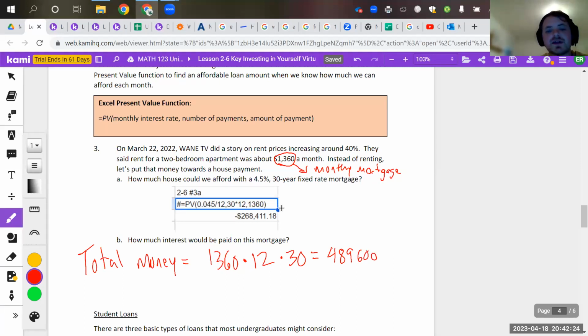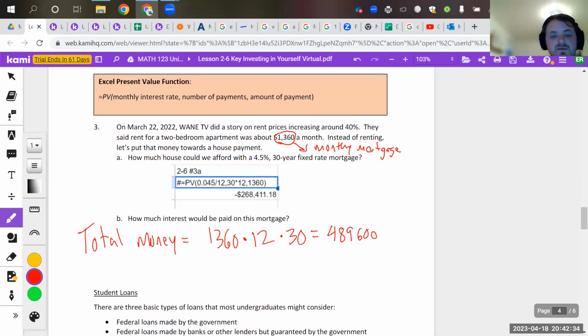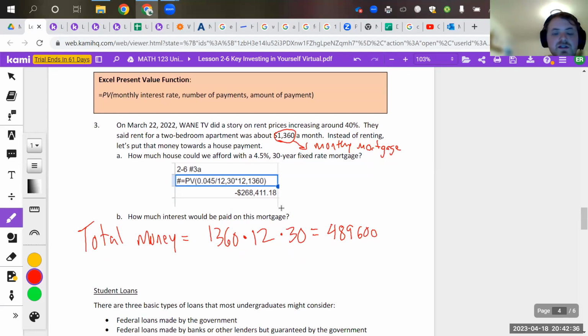Okay, that's how much money I'm giving the bank or giving the landlord if I'm paying $1,360 a month for living. So that's how much I'm giving.